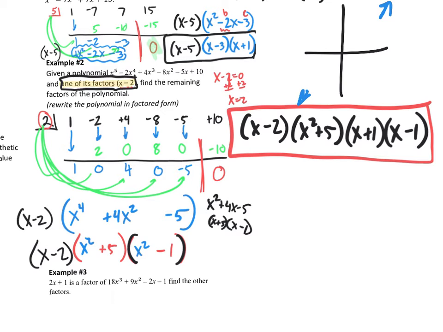And we know that it will cross at these locations at +2, at -5, so it would cross at +2, -5, it would cross at -1.